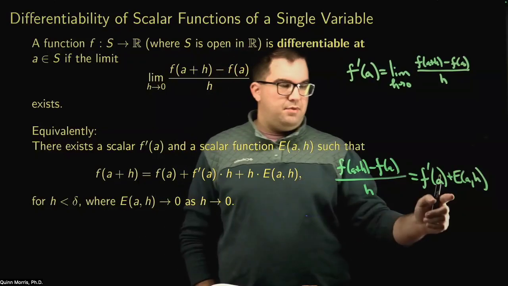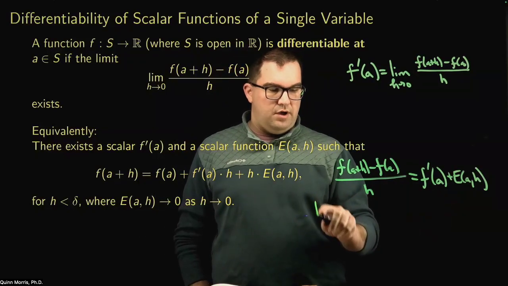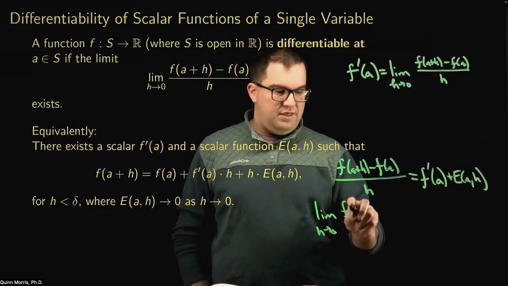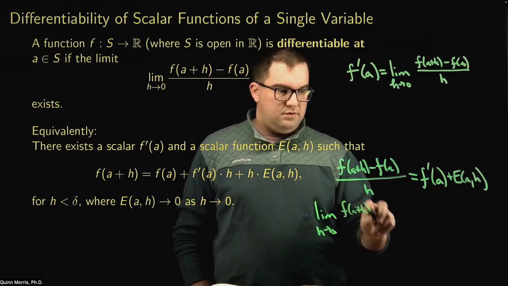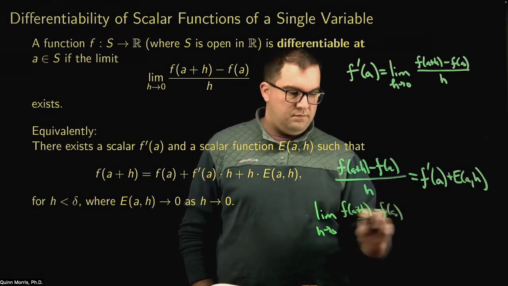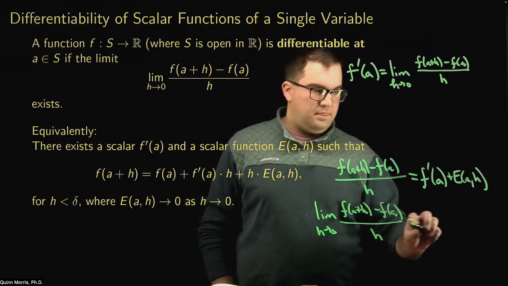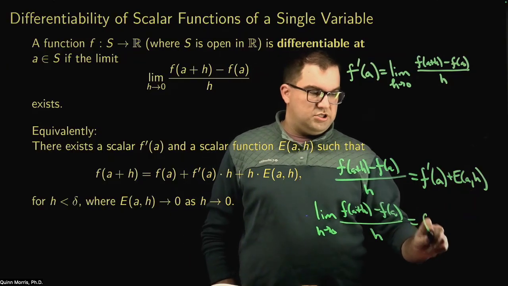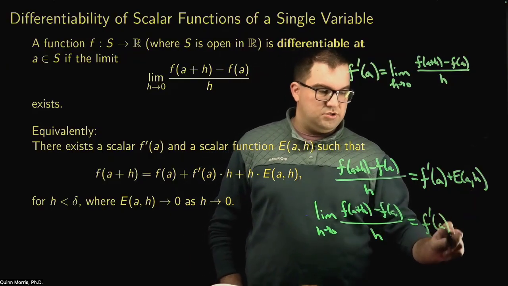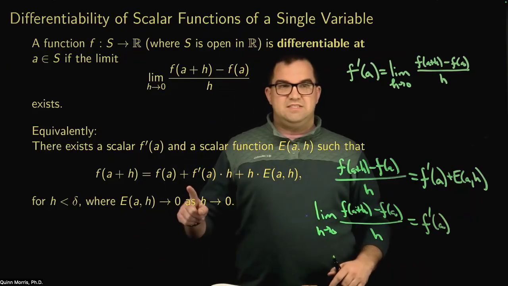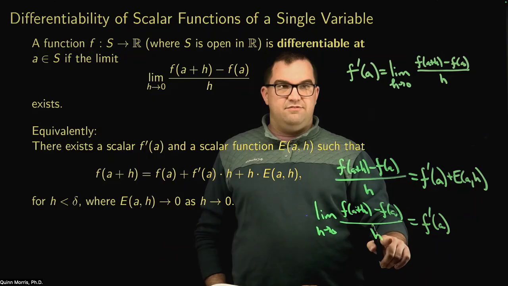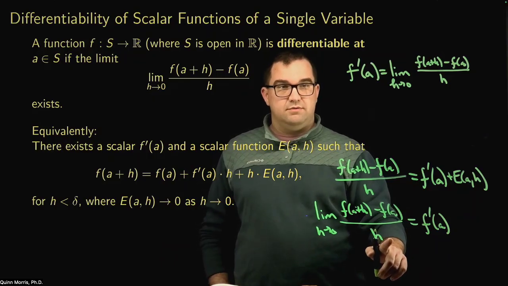if I take a limit of both sides as H goes to 0, I get that the limit as H goes to 0 of this must exist, and this goes to 0. This is just a constant as far as H is concerned. So if this definition is satisfied, then f prime of A is in fact the derivative of this function.